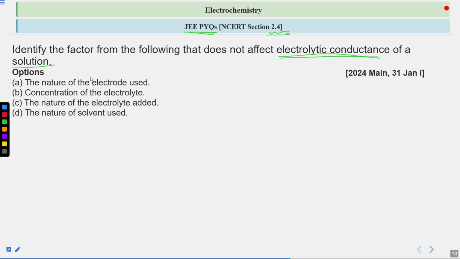That means which factor will not affect in any way the electrolytic conductance of the electrolytic solution. This question has been in the 2024 mains examination.